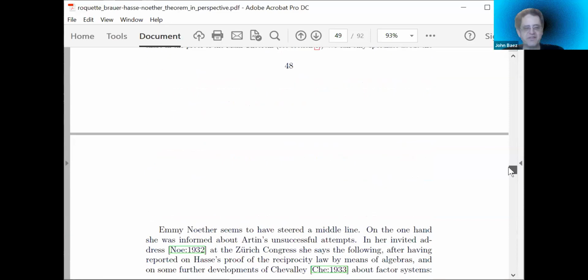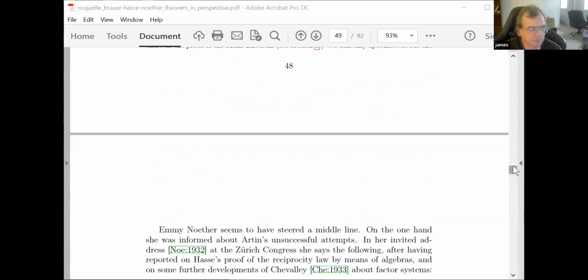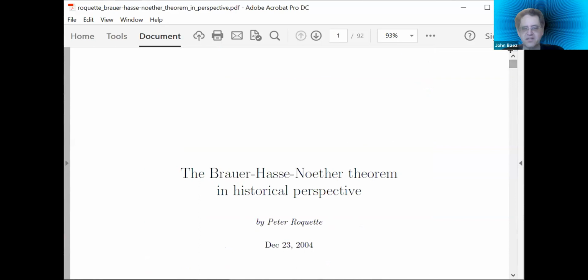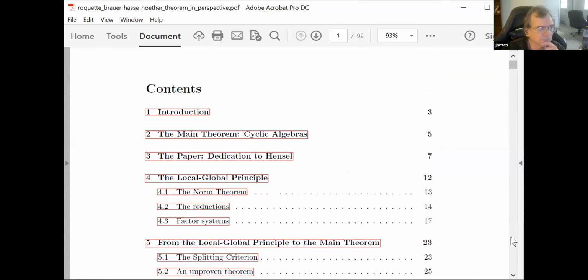Yeah, I want to say something a little more different. I like this paper, Brouwer has another term, historical perspective. It's really long, like 92 pages long, and it's very historical. It's about these folks' classification of, they were trying to classify division algebras over the rational numbers, or more generally over number fields.